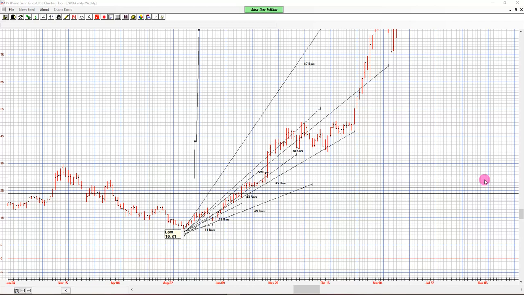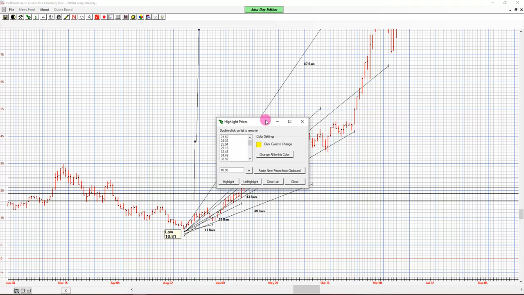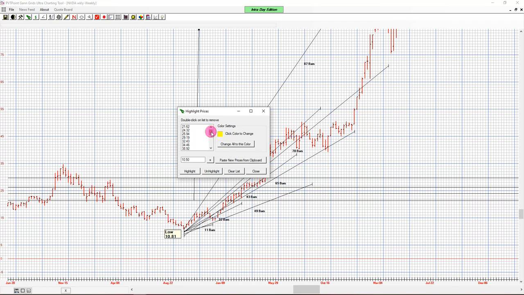So now I've taken all the price levels from the Excel sheet for those octaves, and I just copy and paste them off of the Excel sheet and drop them into the highlight price tool, which is the $ up here on the upper left.